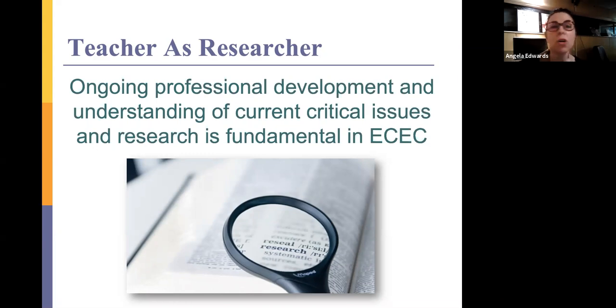And I cannot stress enough the importance of keeping up to date with recent research, because things are changing constantly, and it's very important that we keep our finger on the pulse and see ourselves as ongoing learners. So it really is fundamental to best practice in early childhood education and care.